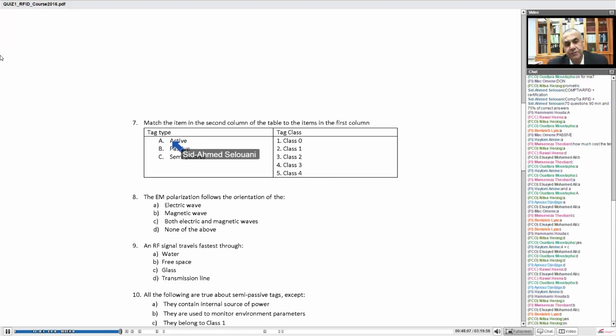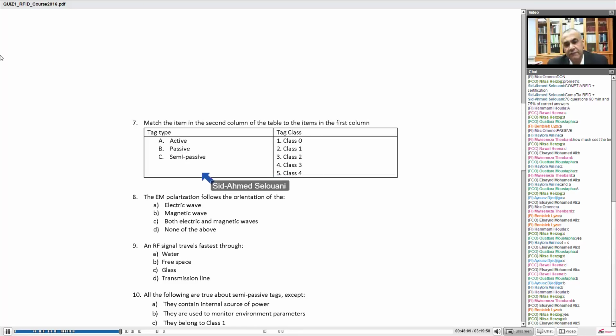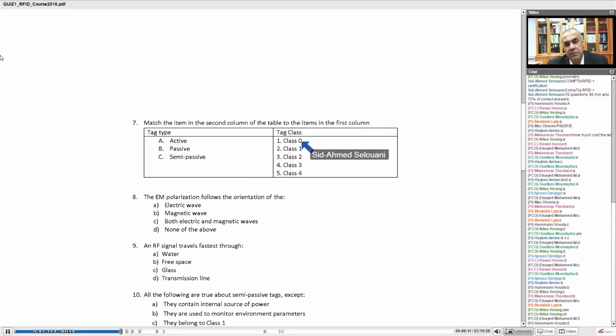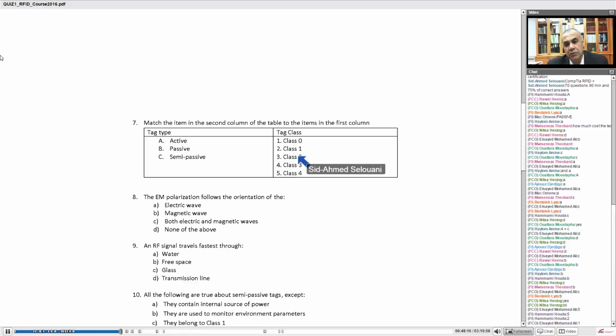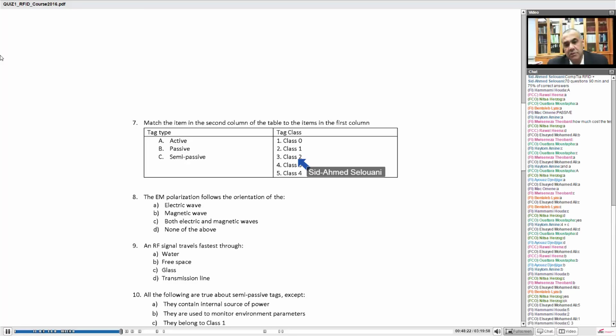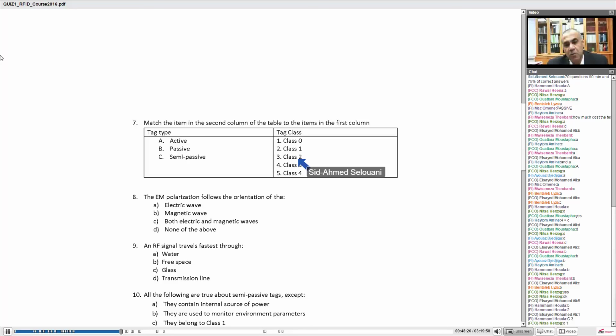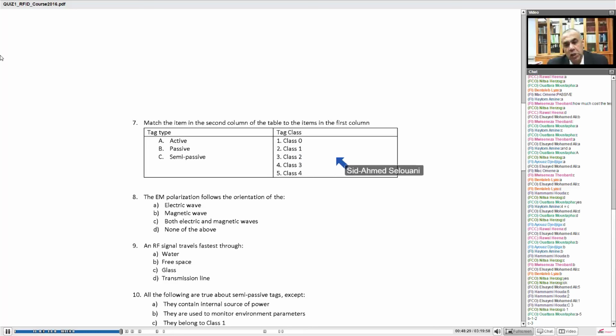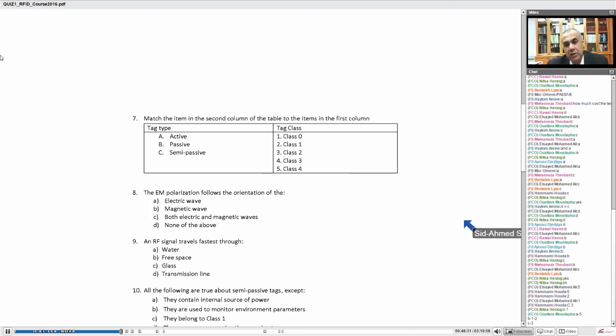So match the following, column 1 and 2. So active, A, 5. B, 2, 1, and 3.